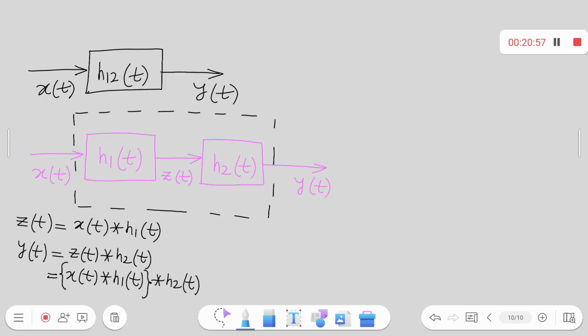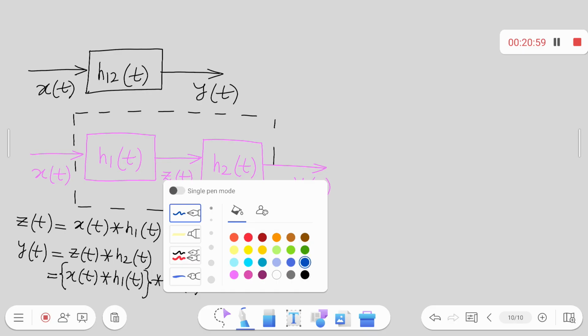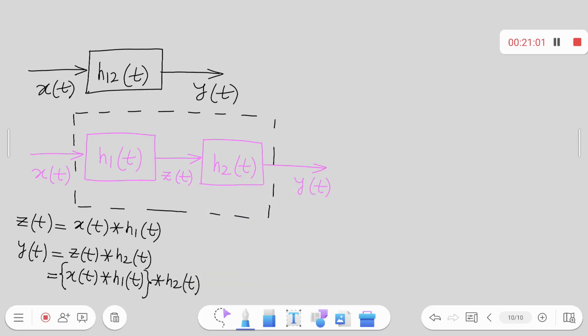Okay, fine. So you know z(t), I can write z(t) as the convolution between x(t) and h1(t). So I can write the integral from minus to plus infinity of x(tau) h1(t minus tau) d tau.